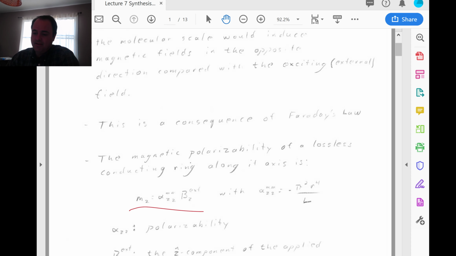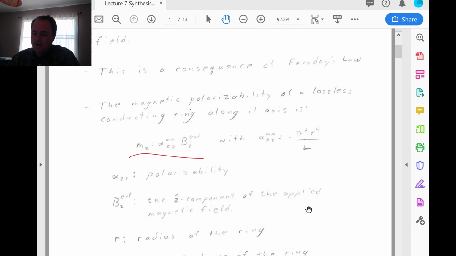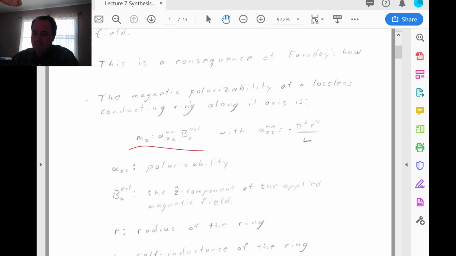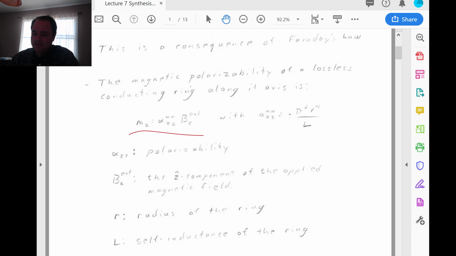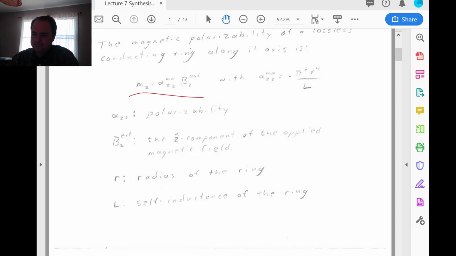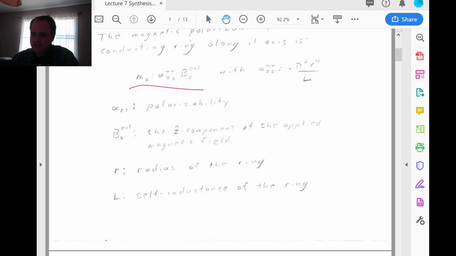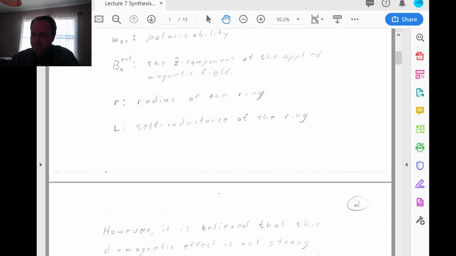In this case, it is the zz tensor component that connects B sub z with M sub z. And it's equal to pi squared times r to the fourth over L, where r is the radius of the ring, and L is the self-inductance of the ring. So that is a magnetic polarizability.